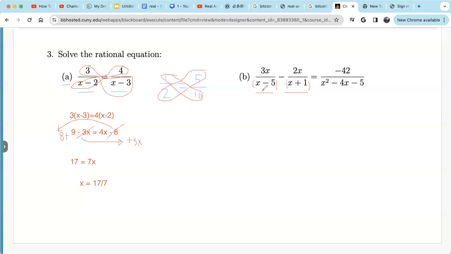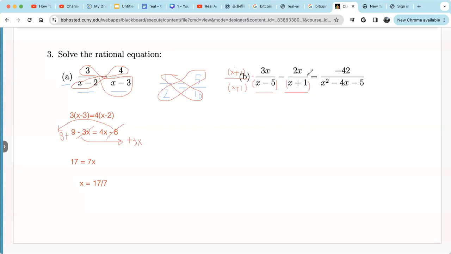It cannot be simplified or factored anymore. x plus 1, same thing. So to make a common denominator for the first one, we just multiply by x plus 1 divided by itself, right? Because with the expression, we can only multiply by 1. Now 1 is a transformer, which means 1 can be anything divided by itself. So we're going to multiply by 1 for this case, which is x plus 1 divided by itself.